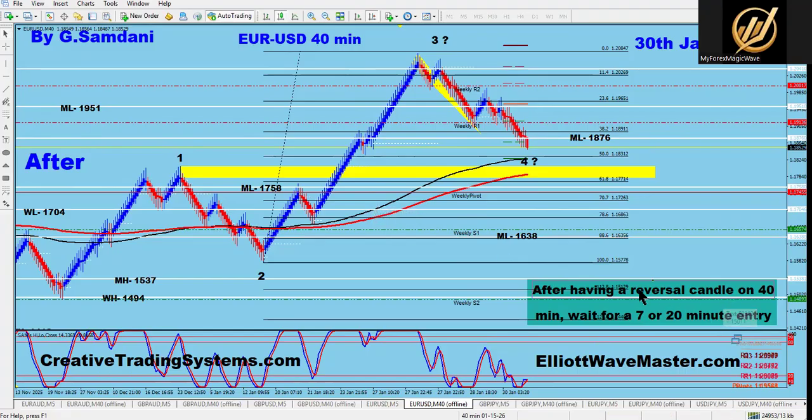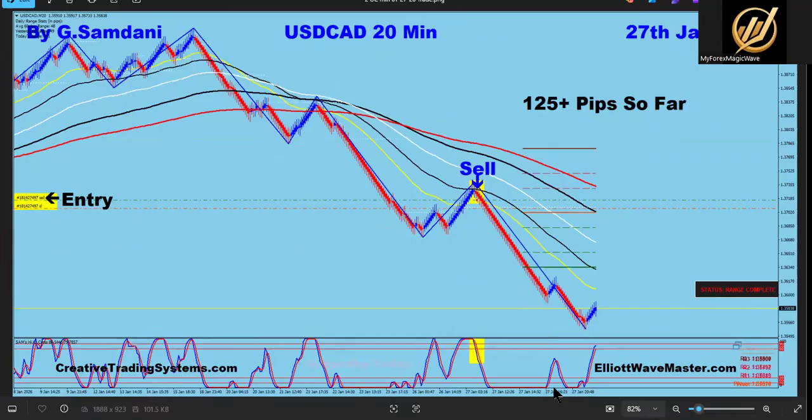Once I have a heads up or a signal that a turn is about to happen, I need to wait for the first entry from the 7-minute chart, and then the second entry will show up on the 20-minute chart. Or sometimes I get only one, and sometimes I get to have both entries. So this is from a 20-minute chart.